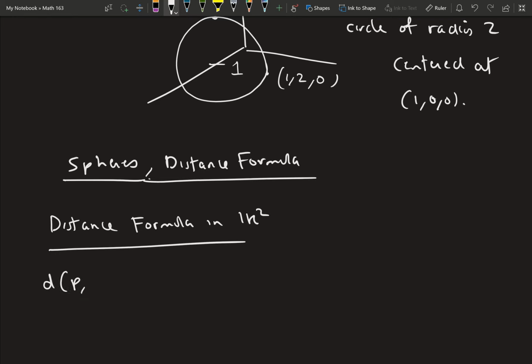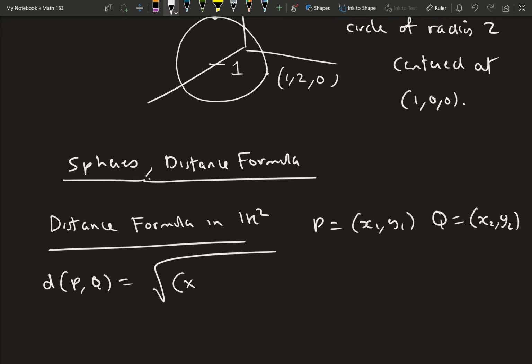The distance between 2 points P and Q, where P is x1, y1 and Q is x2, y2, is the square root of x1 minus x2 squared plus y1 minus y2 squared.